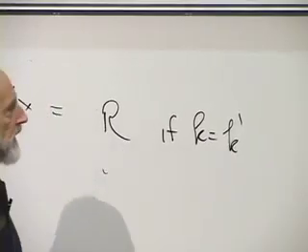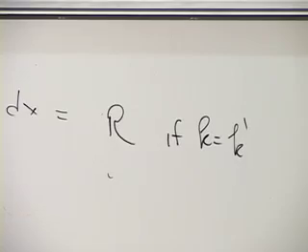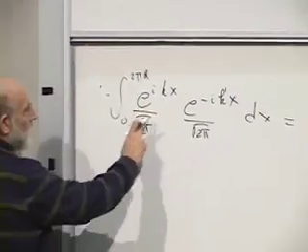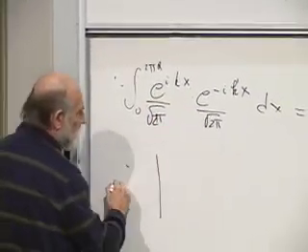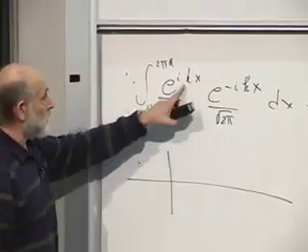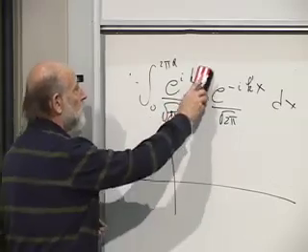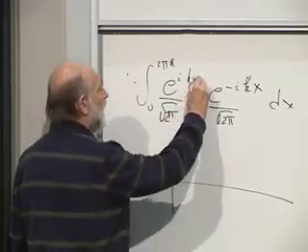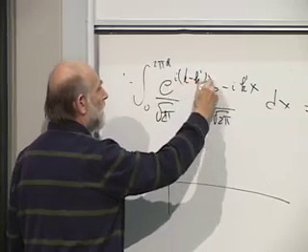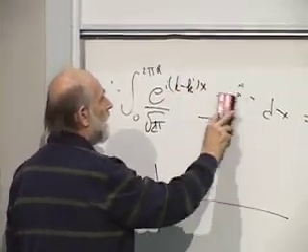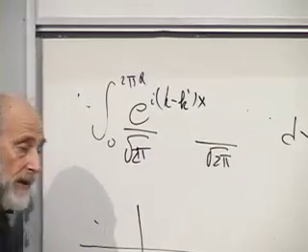In other words, we now have that the inner product between these two functions is a function of k minus k prime. If I combine these exponentials together, it really just becomes k minus k prime times x.